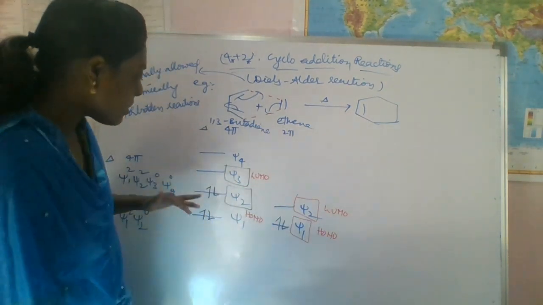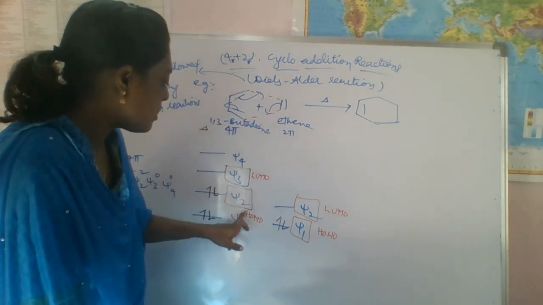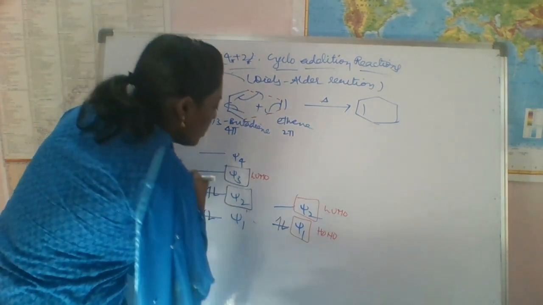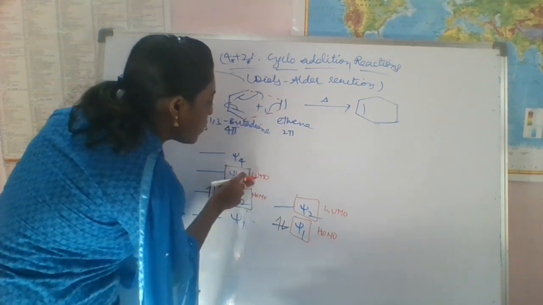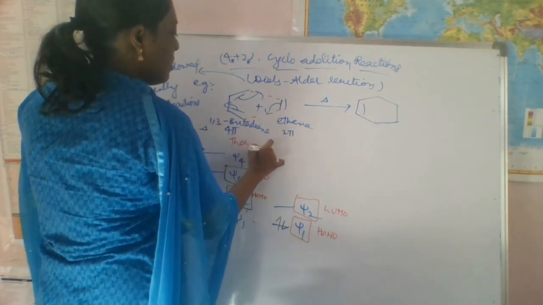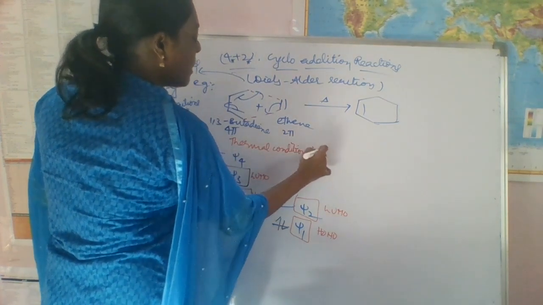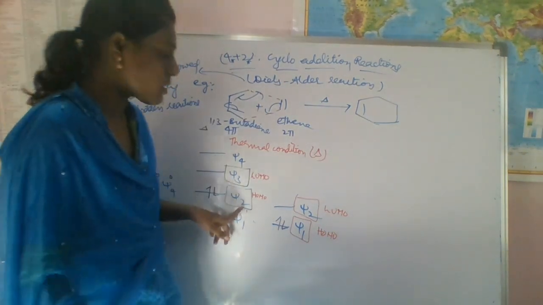Next, this is main: we have to select one, so don't get confused. Here psi 2 is the HOMO and psi 3 is the LUMO for thermal condition. What is the HOMO for 4 pi electrons? It is psi 2.